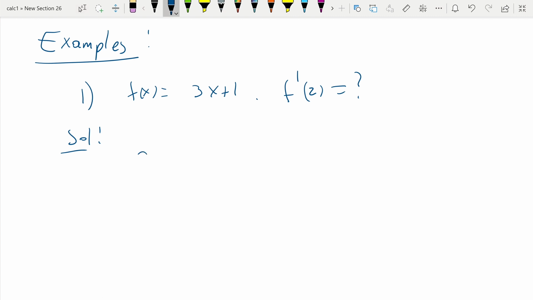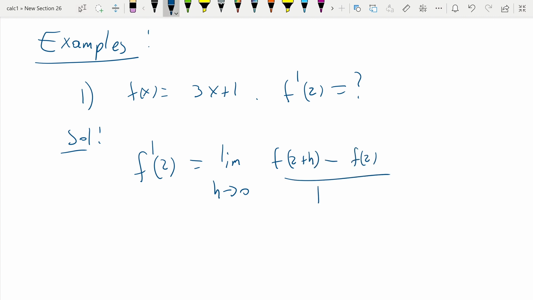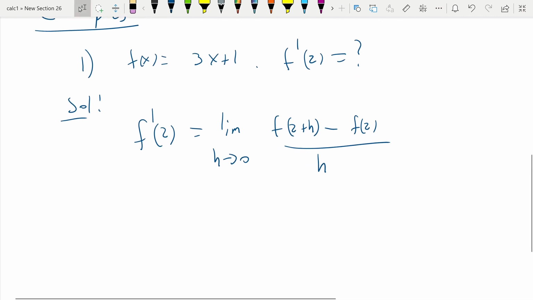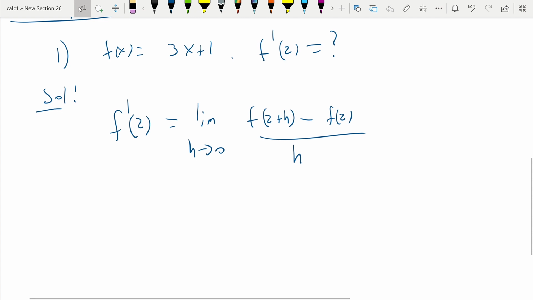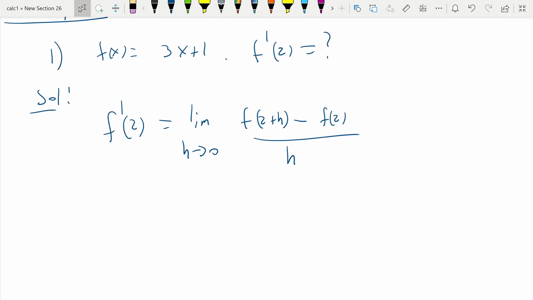So by definition, f prime at 2 is going to be the limit, as h approaches 0, of f of 2 plus h minus f of 2, all that divided by h. That's just the definition of it. Okay, so what is f of 2 plus h?